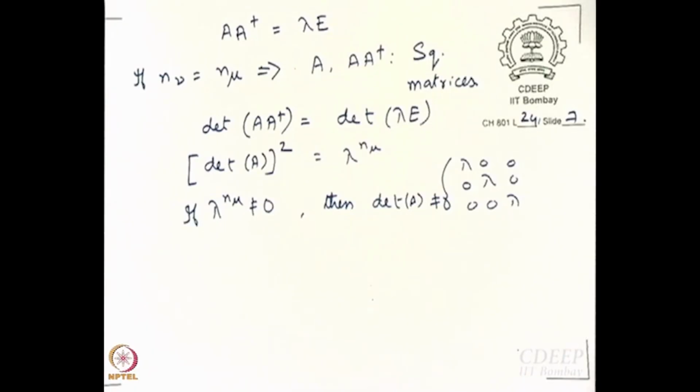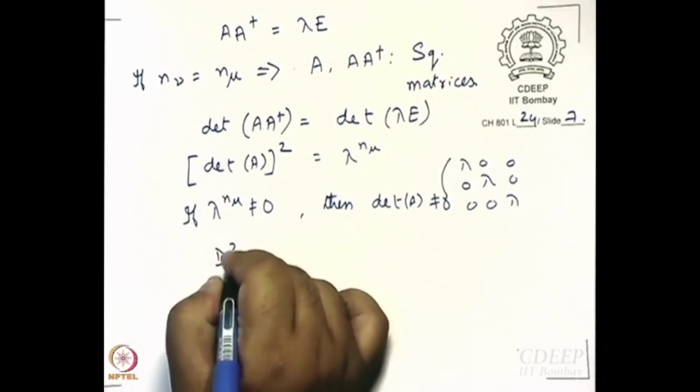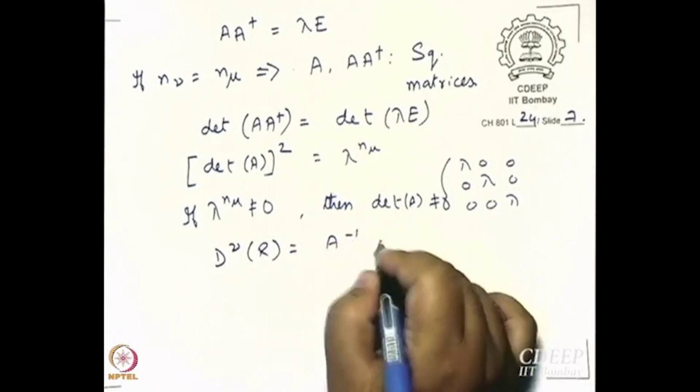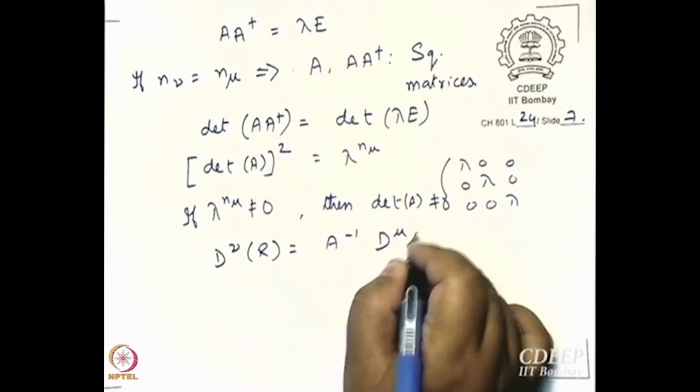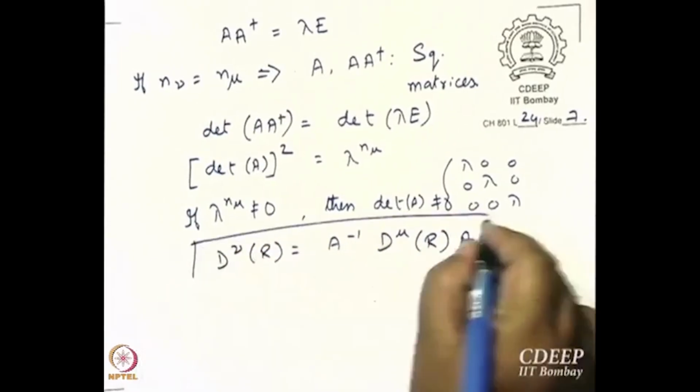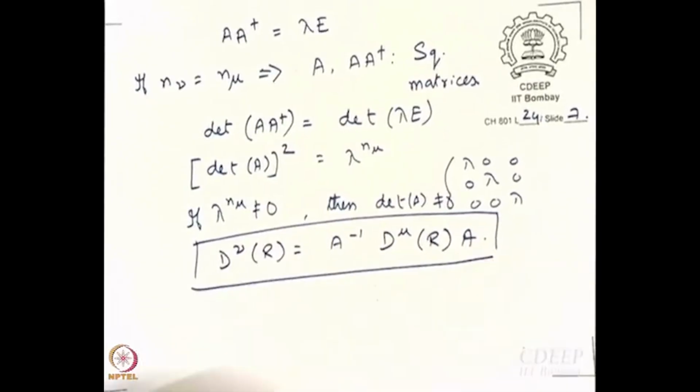Right? And A is going to have an inverse, and you are going to be able to write d nu r equal to A inverse d mu r A. For which value of r? For all values of r. So, that is the relationship between gamma mu and gamma nu then, right?